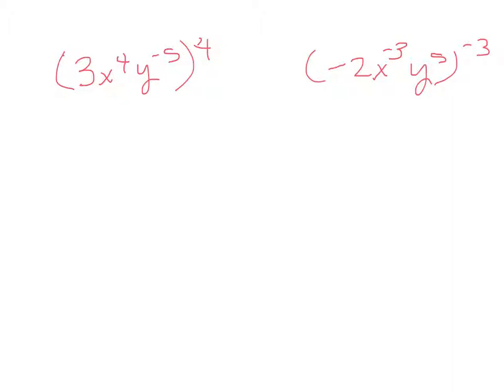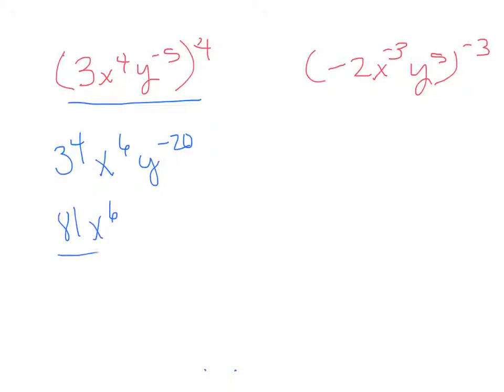So when you first look at the very first problem, I'm going to work in blue, you have 3 raised to the 4th, x becomes x to the 16th, and y becomes negative 20. So when we look at this, 3 to the 4th is 81, x to the 16th stays the same, but you cannot have y to the negative 20th in the top, so it becomes y to the 20th in the bottom.